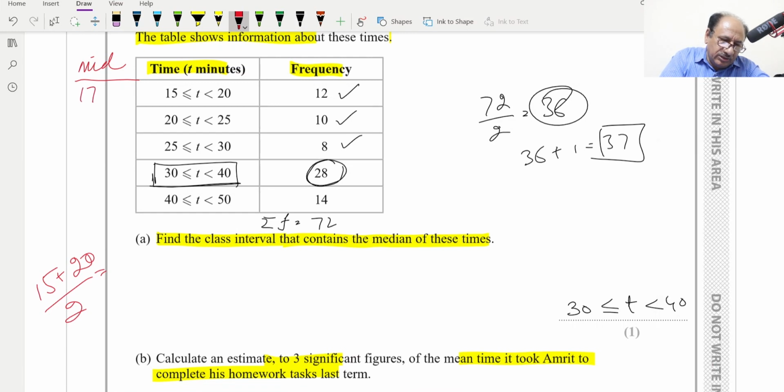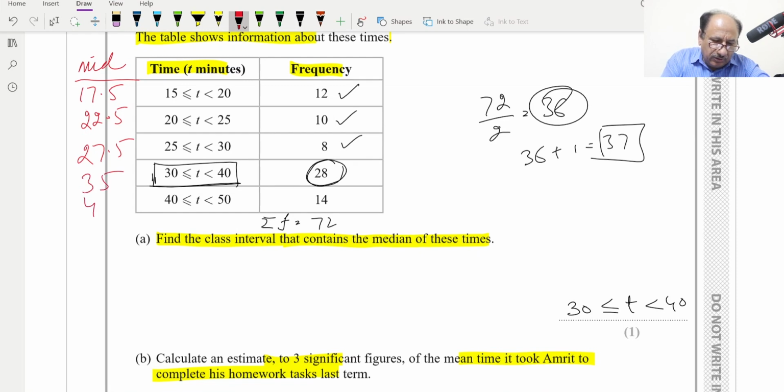So 17.5 will be the mid for this one. Similarly, we can calculate the others. This will be 22.5, and the mid for this one will be 27.5. For this it will be 35, and for this one 45.